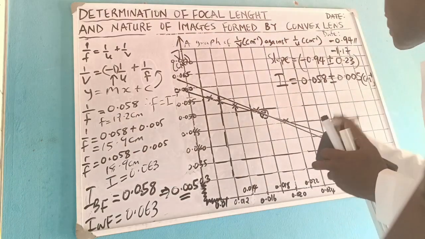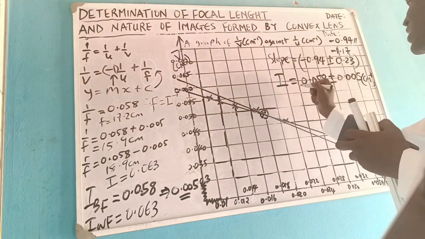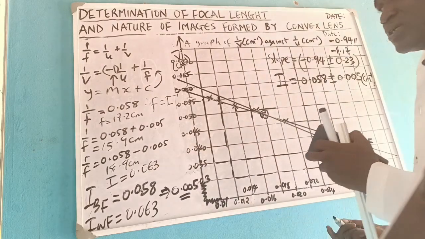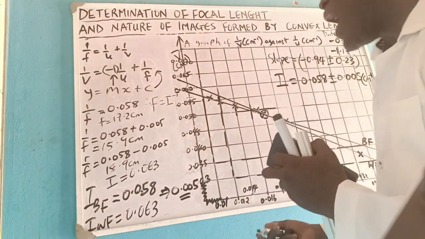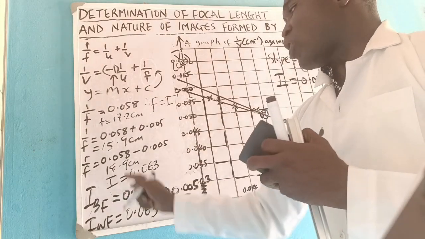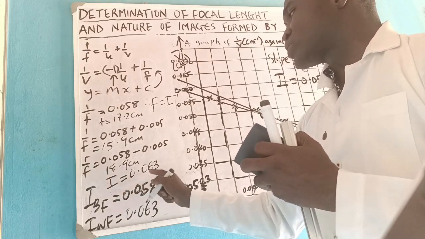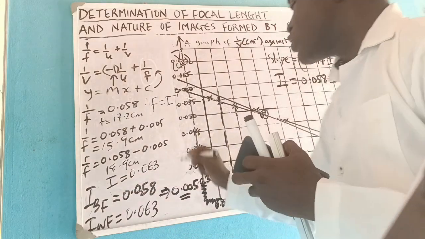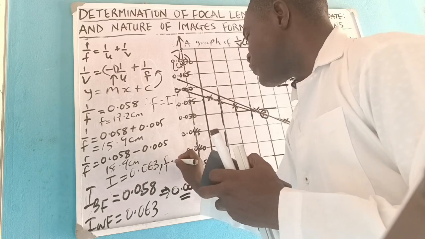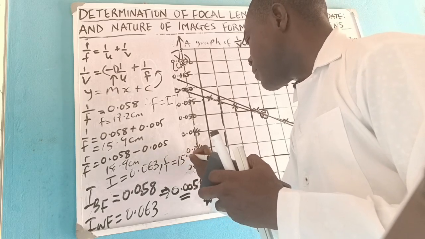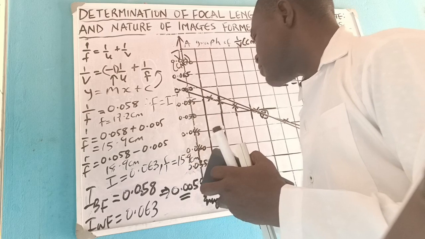But in the exam, you just write it like this. They are the ones to pick what they want. Are you getting it? And I'll just say, in conclusion, my intercept is 0.063 from what I have, and the focal length is equal to 15.9 cm.